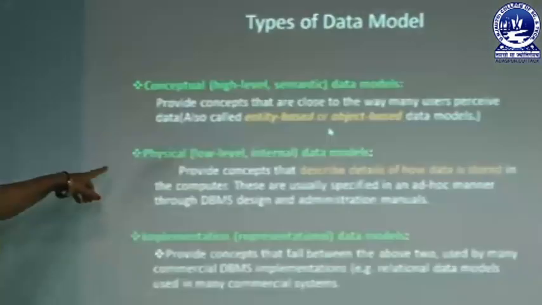The example of conceptual data model is the entity relationship data model. The second one is the physical data model or low level data model. Physical data model means what? It describes the details about the data. That means how the data will be stored in the database, what is the storage structure, what is the storage format in the database. That is the physical data model.